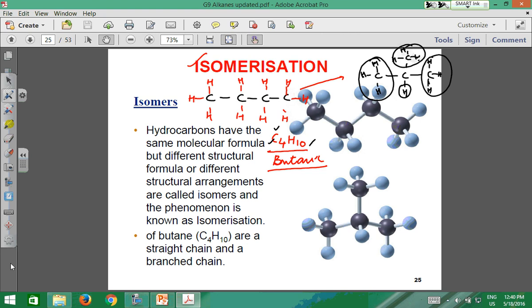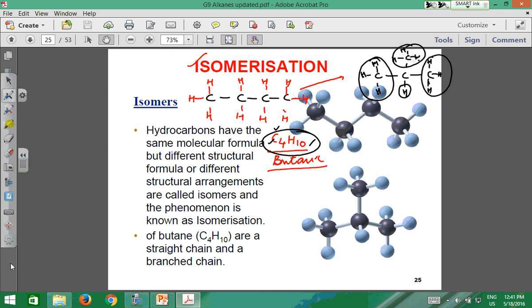10 hydrogens. So we got a definition: compounds that have the same molecular formula. You need to write molecular formula. Most of the time students write same formula, but formulas can be of different types. Don't write same chemical formula, because all the formulas are chemical formulas.